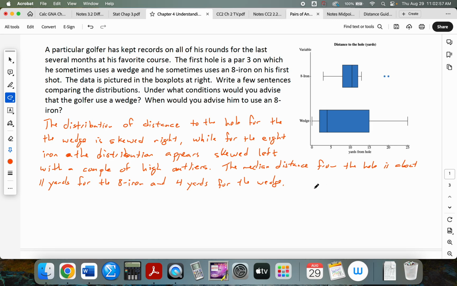And then we can also talk about the IQR. So this is about 2, and this looks like it's 15. The IQR for the wedge is about 13 yards.